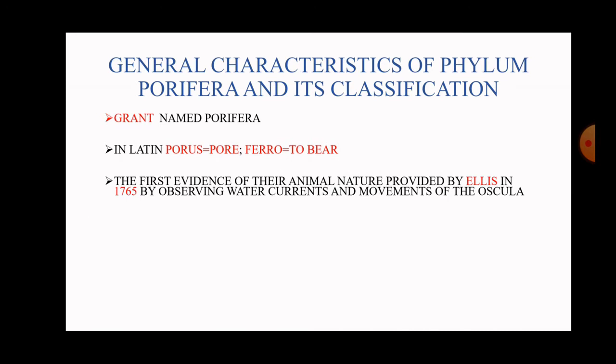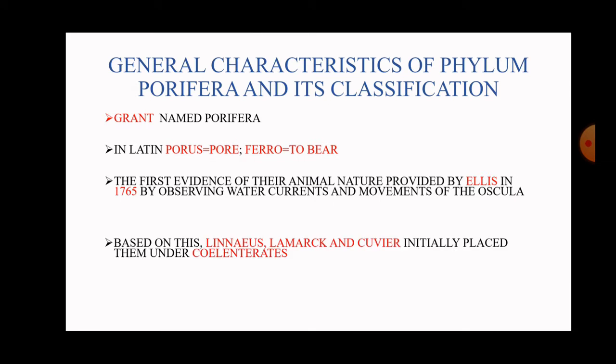Initially, these animals were treated as plants, and in the year 1765, Ellis, another biologist, by observing the water currents and movements of the oscula, mentioned and gave evidence of their animal nature. Since then, they are treated as animals.